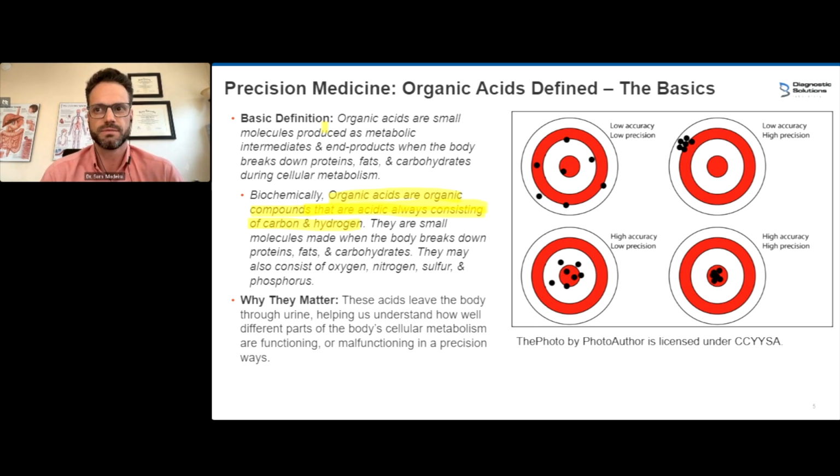So essentially, to zoom out to that 30,000 foot lens, think high level first here, folks: precision medicine is the lens that we're looking through, systems biology, and we're going for that bullseye target with our patients, of course. We want that high accuracy, high precision. So here's a visual for you. Low accuracy, low precision. Maybe in that treatment plan and diagnostic plan, the patient feels like, hey, we're just throwing anything at the wall and seeing what sticks, or some other criticisms.